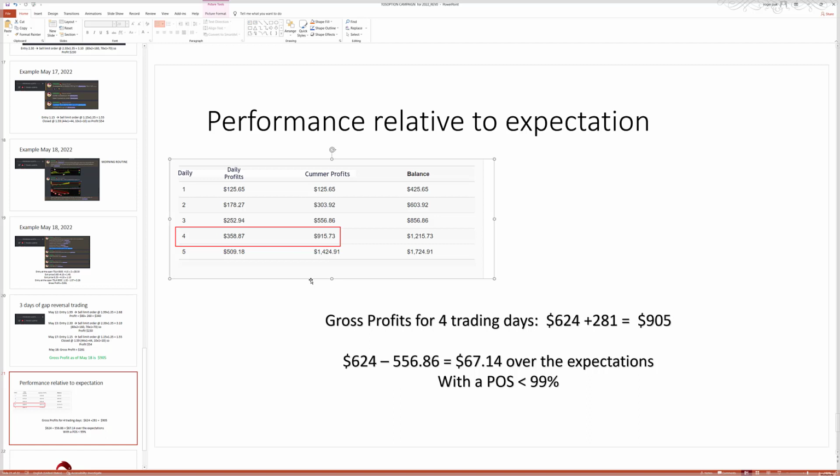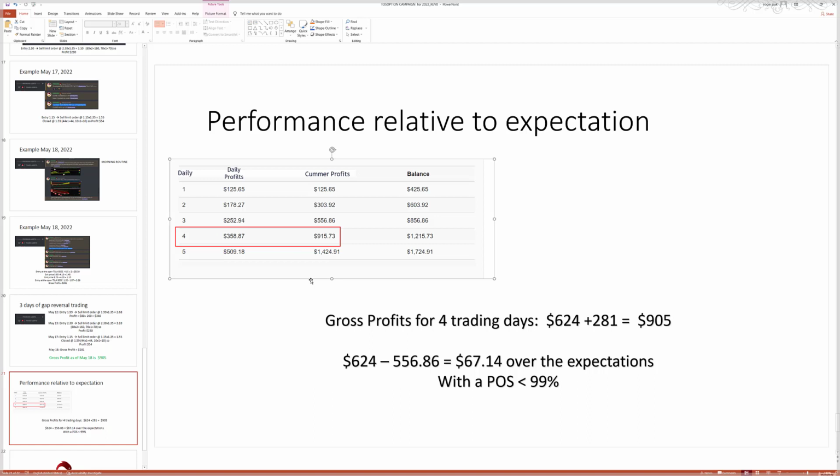Now a lot of gaps happen on Thursday and Friday. I remember last week, Tesla was gapping up 7%, right? Roku was gapping up 4%, and everything was gapping up on Friday, I think. So when those gaps happen in a bear market, we want to see the trend hit 1.5.